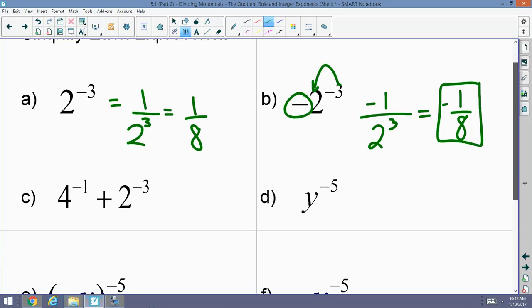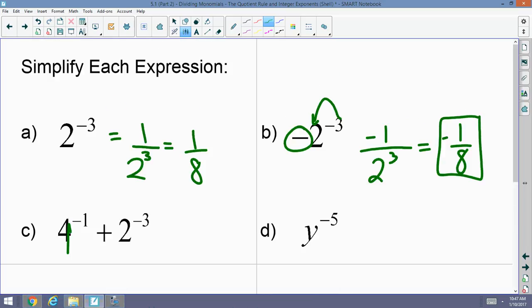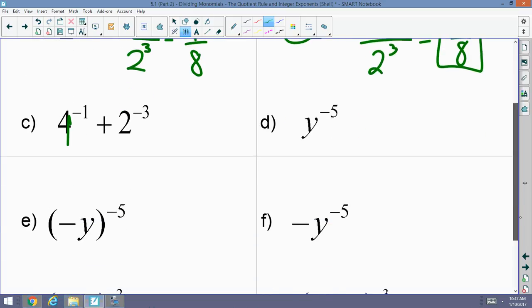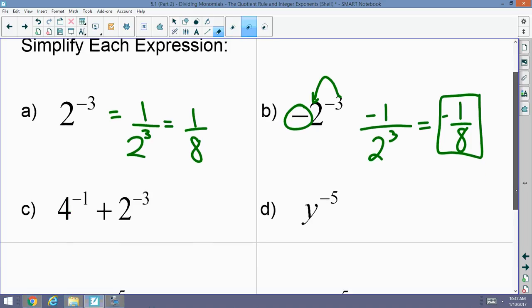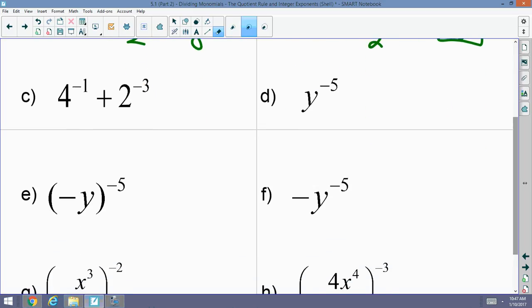Okay. How about this, guys? 4 to the negative 1 plus 2 to the negative 3. What does 4 to the negative 1 become? 4 to the negative 1 becomes 1 over 4. Guys, it's not negative 4. When you have a negative exponent, you have to either move it down or up.